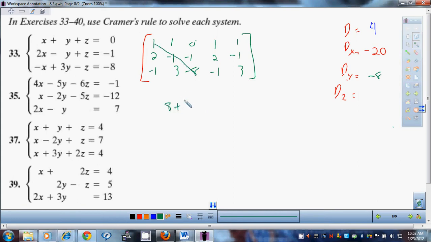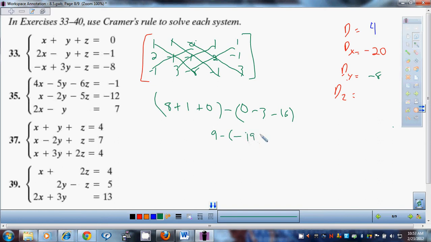That's 8 plus 1 plus 0 minus 0 minus 3 minus 16. So that's 9 minus a negative 19, which gives us 28. Bam. So x is negative 5, y is negative 2, and z is 7.